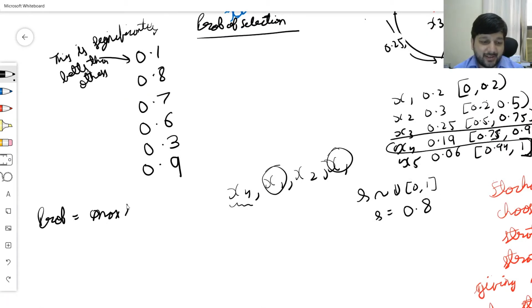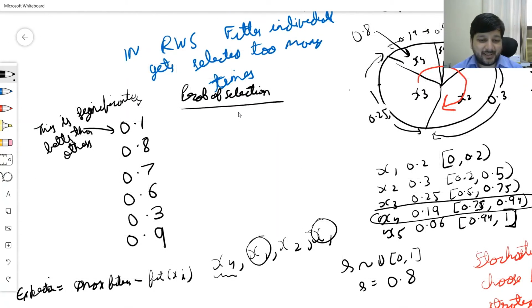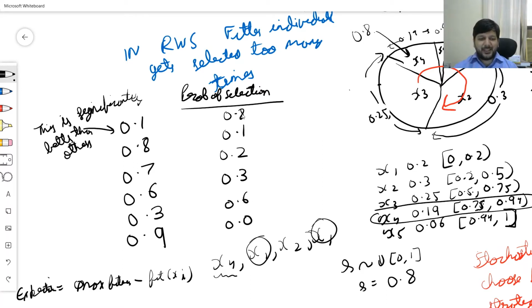So max fitness minus fitness of xi, and because it's not a probability, let's call it the expectation of being selected. So 0.9 minus 0.1 is 0.8, 0.1, 0.9. So this has highest probability of getting selected because it's rank 1 and all the others are small.